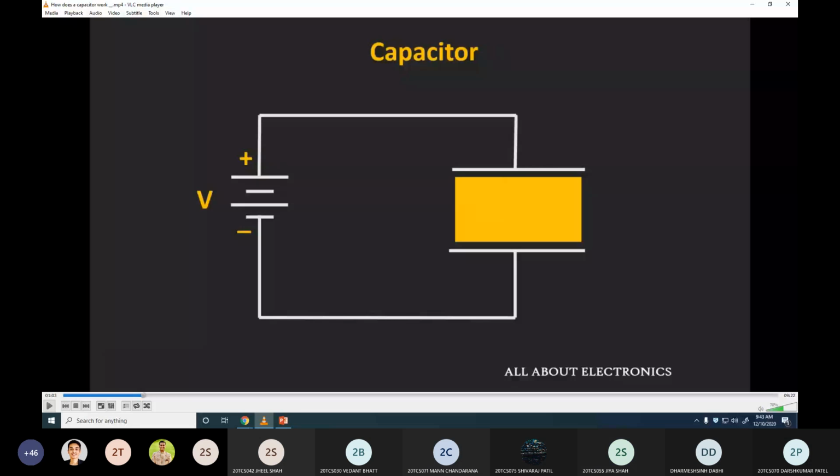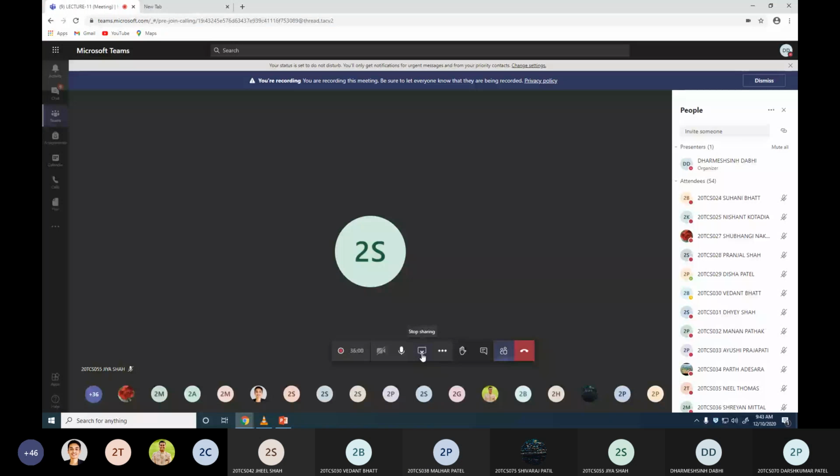You need to stop sharing screen and then again share. While sharing screen, you have to enable the system sounds. Then only it will be audible.